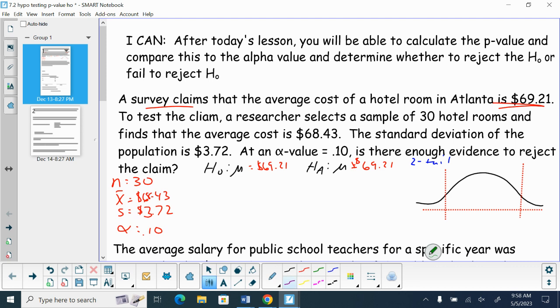These, once again, are our critical values. We go to our t-table, look up the two-tail test, alpha value 0.10, and find our critical values.